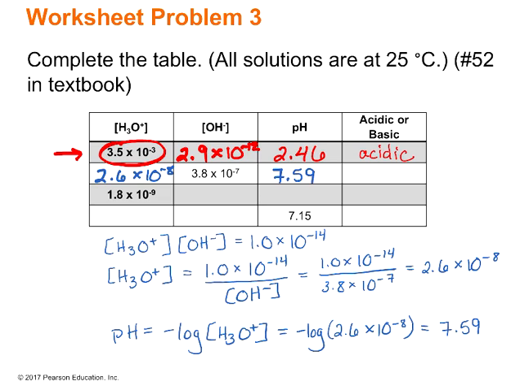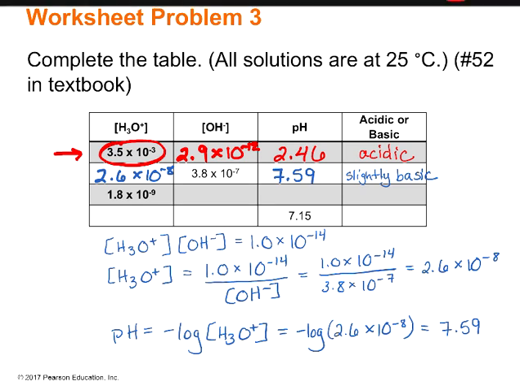So this solution is slightly basic. So I'm actually going to write that in. And actually, in reality, I would consider this solution pretty neutral, at least in comparison to other solutions.